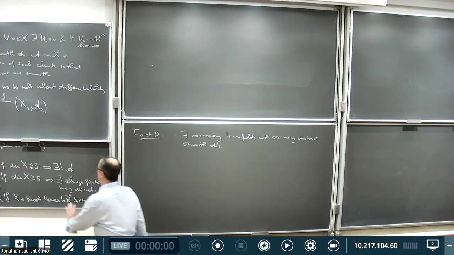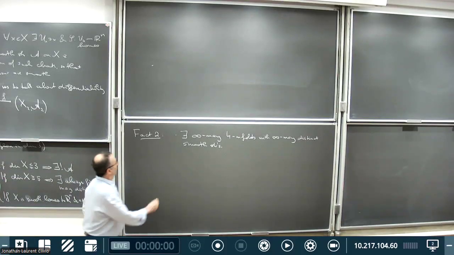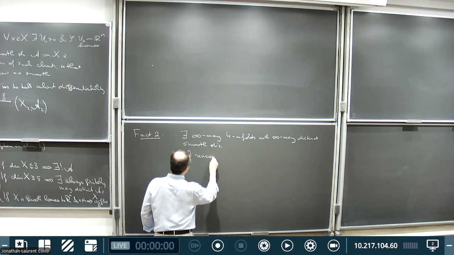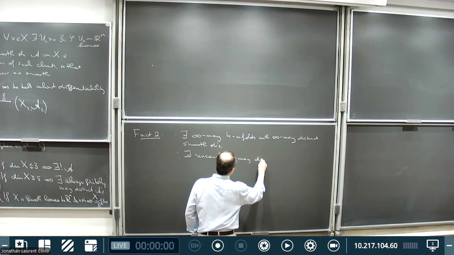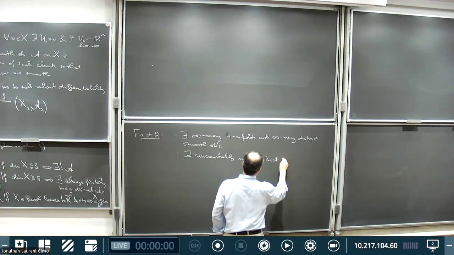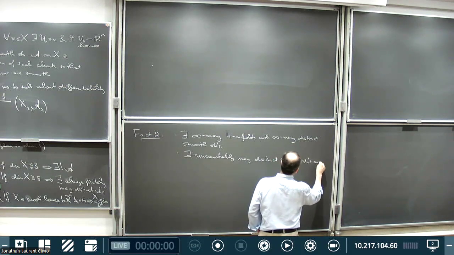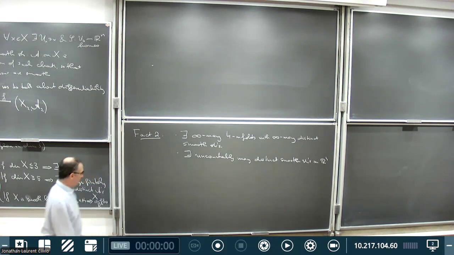So this is in contrast with the uniqueness in lower dimensions and the finiteness in higher. There are uncountably many distinct smooth structures on R4. So that's as much of a contrast to the uniqueness as it can be.